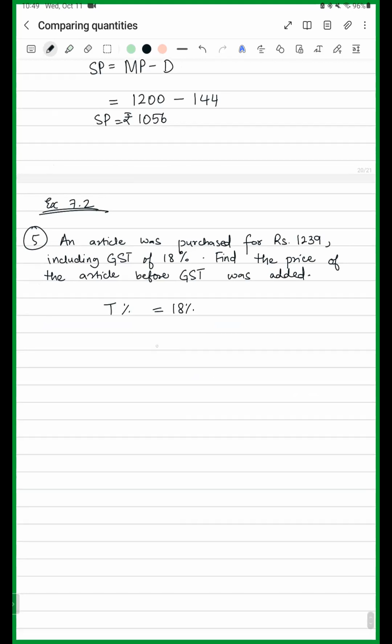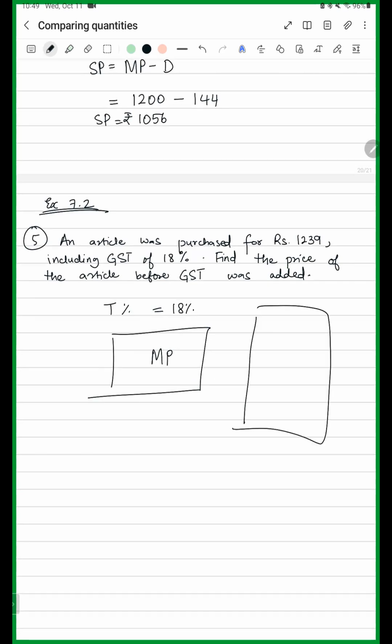See, when it comes to tax, we have two things. One is the marked price, which is written on the item, and the other is the bill amount. Bill amount is what you get after the tax.